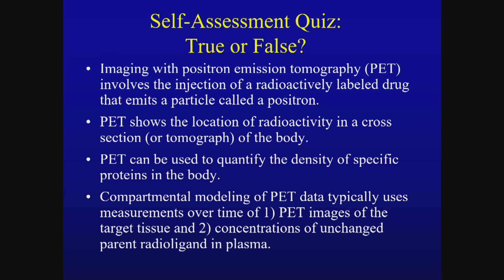It has pharmacokinetic measurements in the plasma and the initial pharmacodynamic measures in the tissue, and with those being measured simultaneously and extrapolated to infinity, you can get a measure of the density of the target in the body.